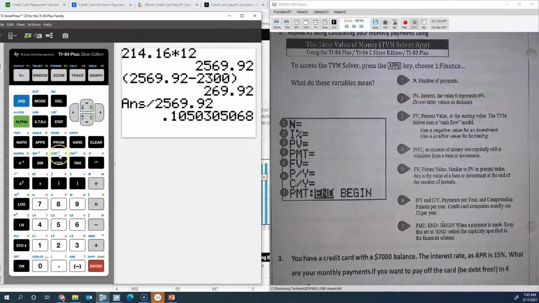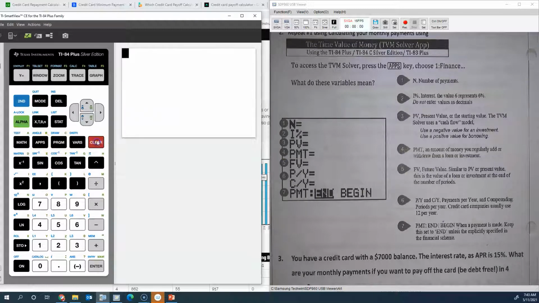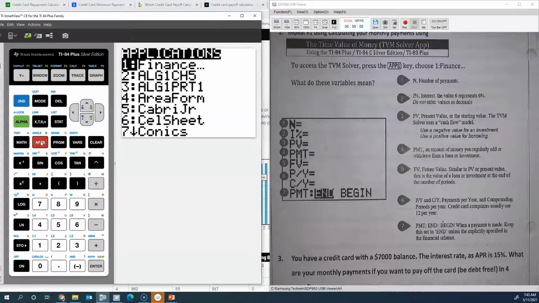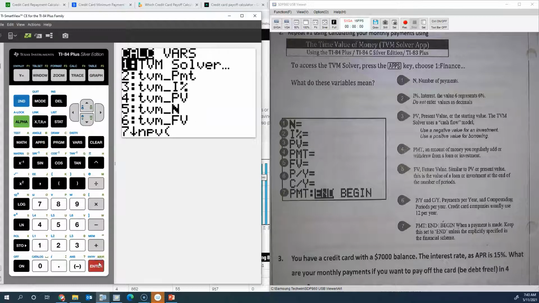To get to it, you're going to press the key that says apps. And then choose number 1, finance. Apps, and then choose 1, which says finance.